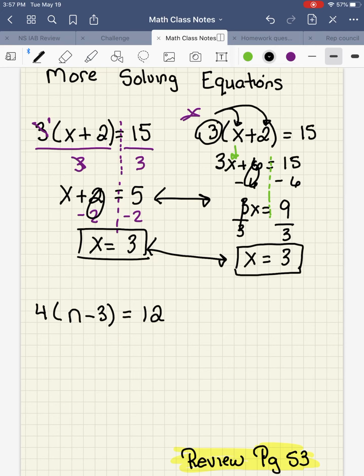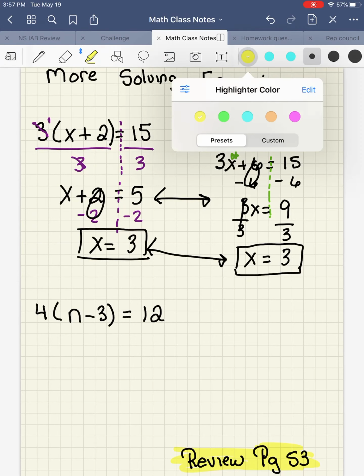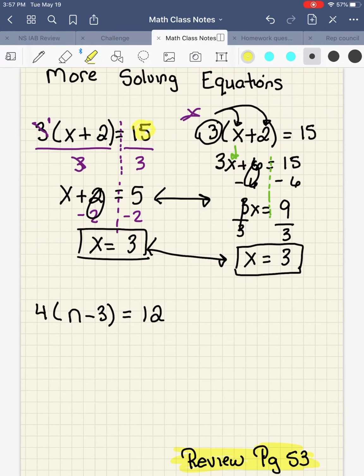Now, that doesn't work if this number right here had been not divisible by 3. If that had been 16 or 20, then I couldn't use this method. But it was divisible by 3, so I could.